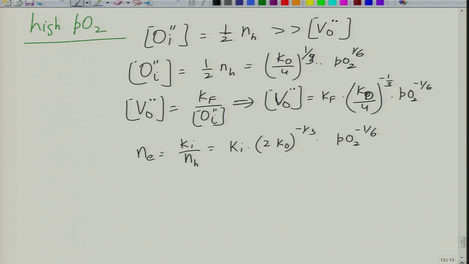So, basically what it says is that as you increase the partial pressure of oxygen, and that makes sense, the oxygen vacancies come down, the electrons come down in number, but holes and oxygen interstitials will increase in number.